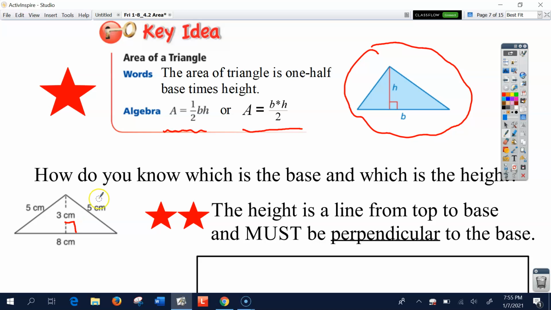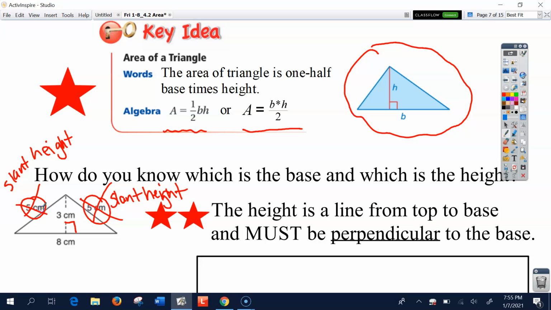Okay, so I want to point out that this 5 centimeters is the side of the triangle. I'm going to call it a slant height, because it's slanted, and it definitely is the length of that side. And then this is also a slant height. But notice the formula doesn't say anything about a slant height. It says the height. So I'm going to cross that off and cross that off.